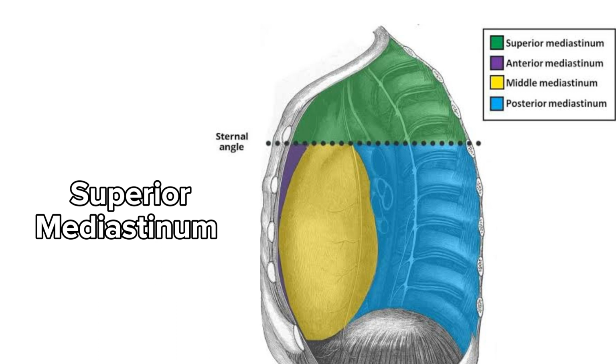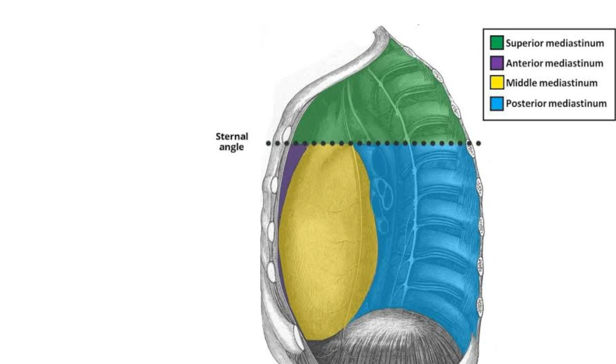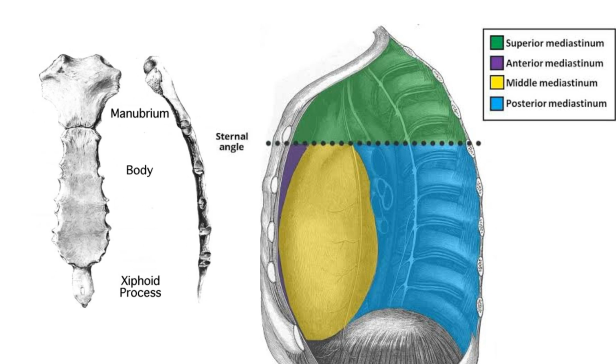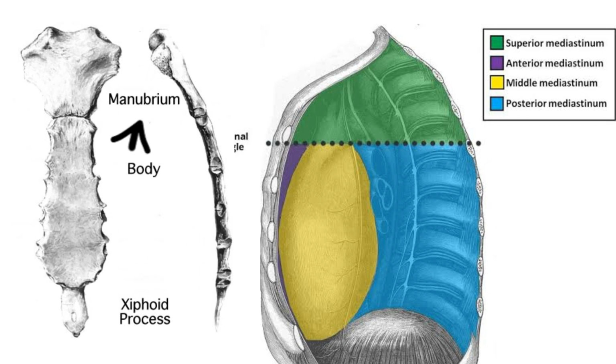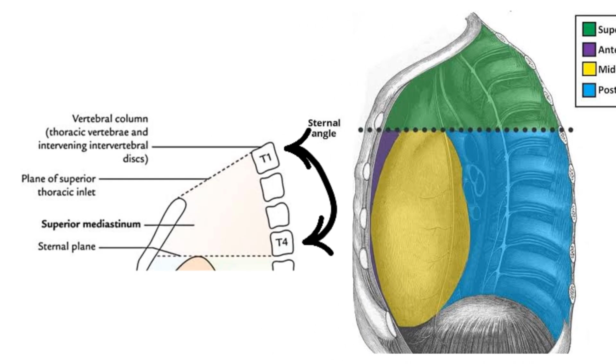Now the superior mediastinum, as you can see in this diagram, is painted in green. It is bounded anteriorly by the manubrium of sternum. It is bounded posteriorly by the upper four thoracic vertebrae.